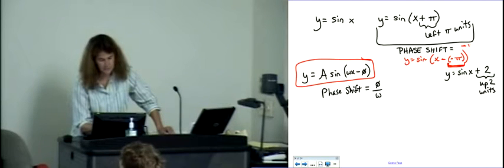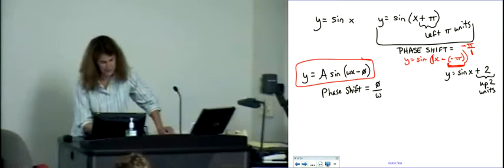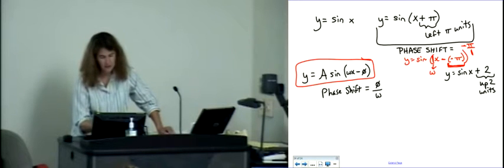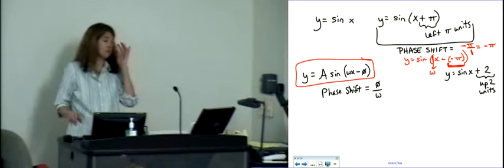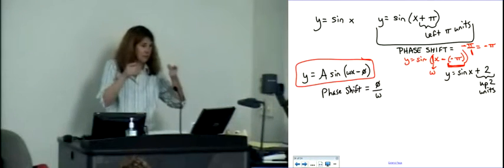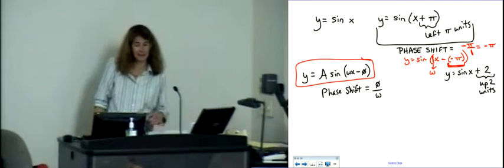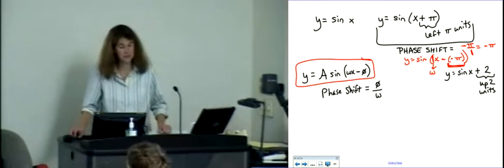The phase shift becomes negative phi, or negative pi, too many Greek words here, negative pi over 1. This 1 right here is omega, which is negative pi. And because it's negative pi, that tells us that we would be moving left pi units. You all could tell that by looking at the function with it in the parentheses because of what I just told you about the x squared business, I think. I'm guessing. Maybe.